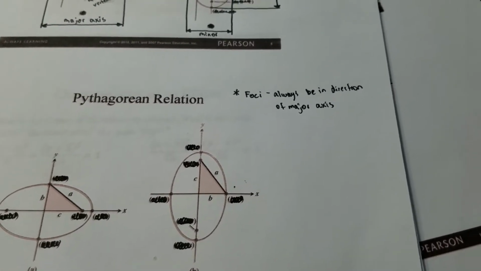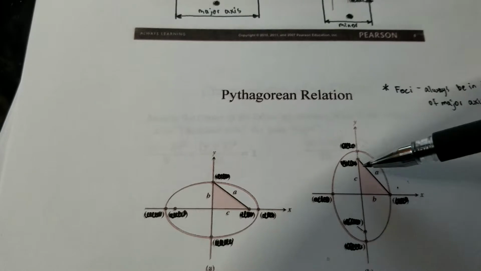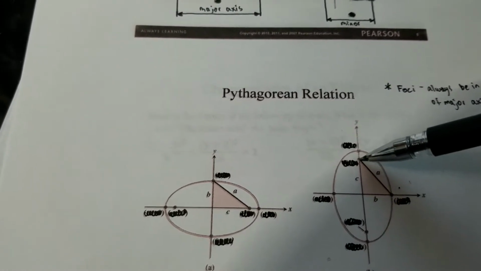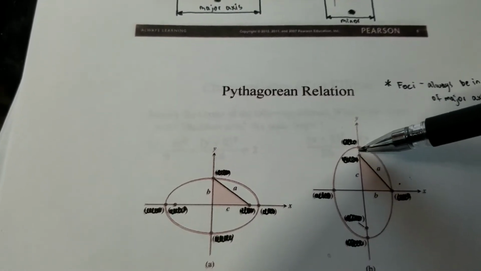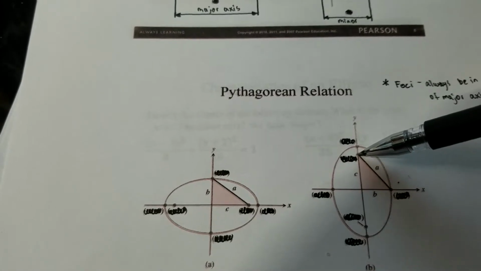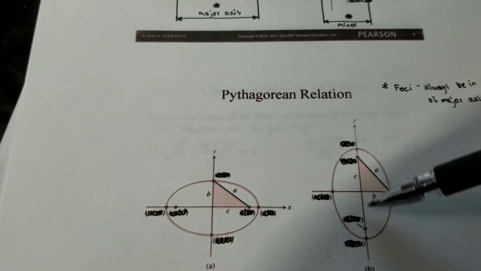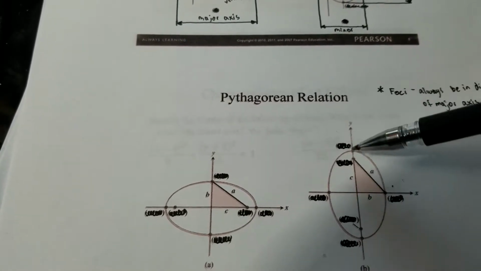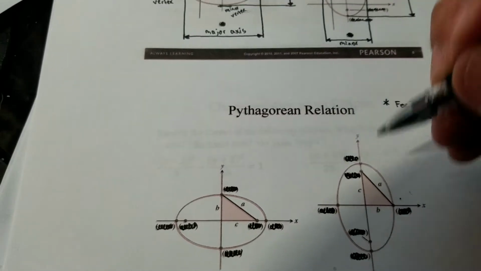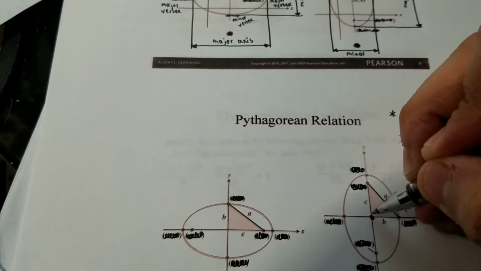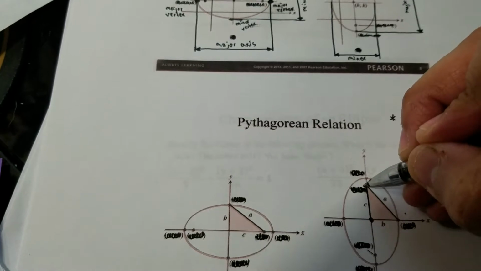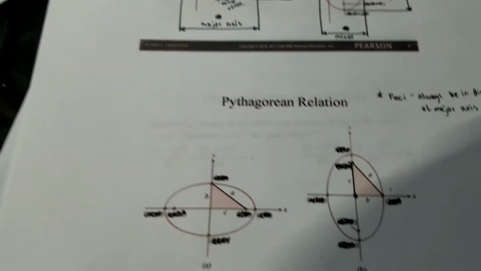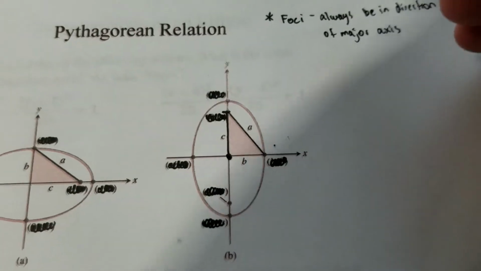Okay. Now, as I go through these also, remember, I'm going ahead and drawing it right here. The focus is inside the ellipse. It's not as far as the vertex, okay, but it is in the major axis, because this one I can see the major axis, the bigger side is the Y. That distance from the center to the focus, because I'm not talking about the distance between the vertex and the focus.